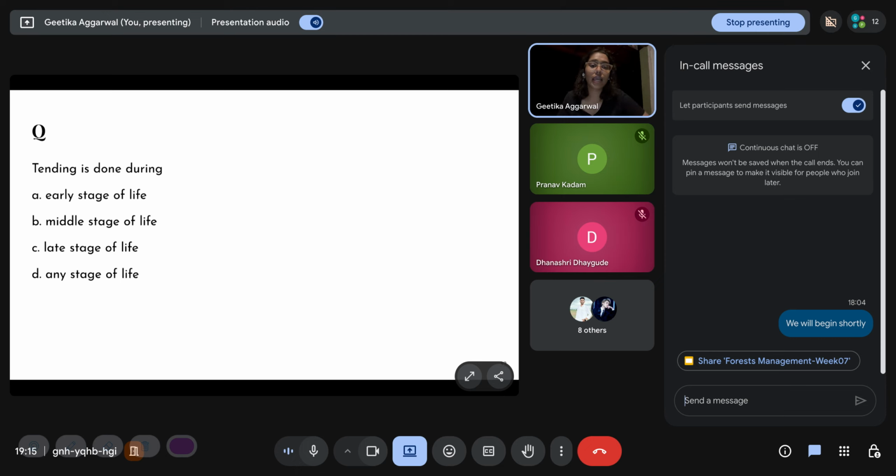When is tending carried out for a forest stand? D. Anybody other people? What are your guesses or what are your answers? It doesn't have to be a guess, you might already know.